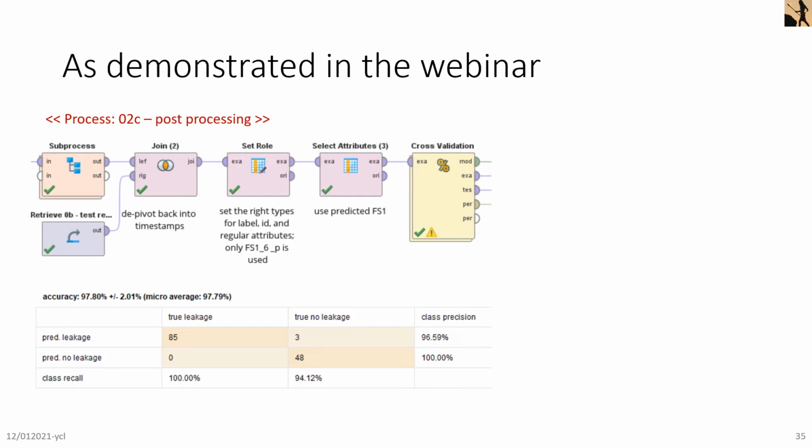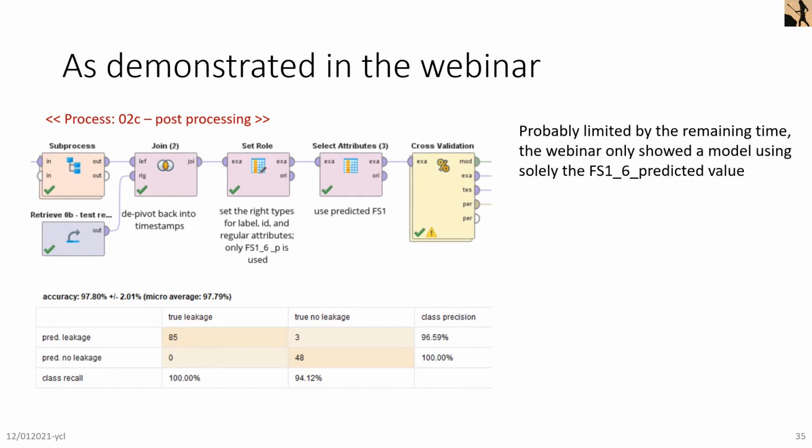As demonstrated in the webinar, they showed a process like this, and we just follow along and come up with a confusion matrix like this. Probably limited by the remaining time, the webinar just stopped here.